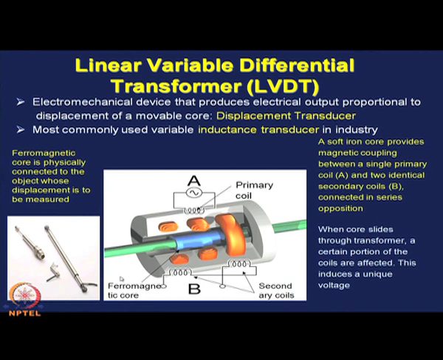So, as the object moves, the core also slides through the transformer. So, certain portion of the secondary coils are affected, which will induce a unique voltage, and this voltage will be taken as a direct measure of the displacement.